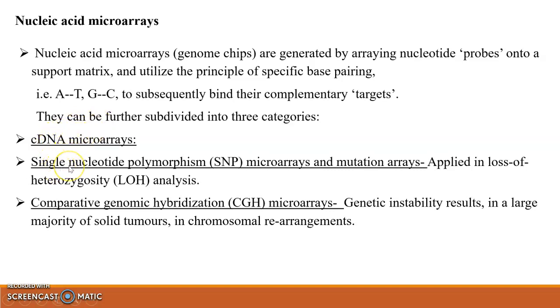In case of single nucleotide polymorphism and the mutation array, only the nucleotide with a single characteristic is selected and probed onto the plate. They are mainly used for the analysis of heterozygosity. In comparative genome hybridization, cells or RNA are isolated from different sources in order to identify the tumor condition.